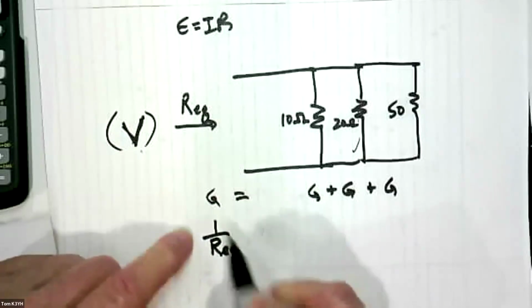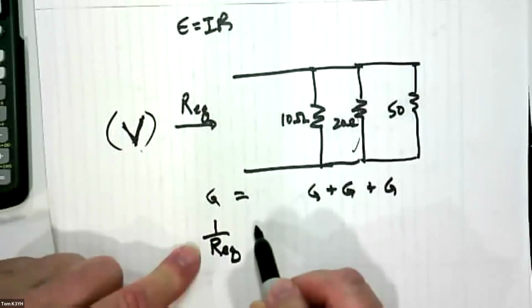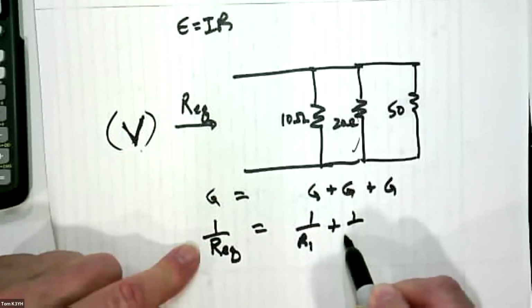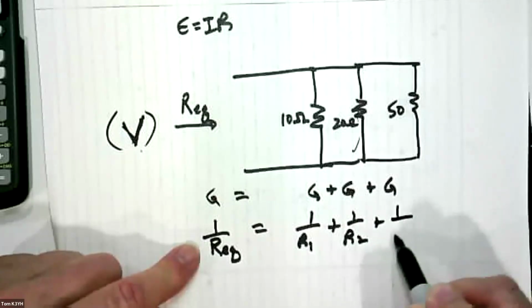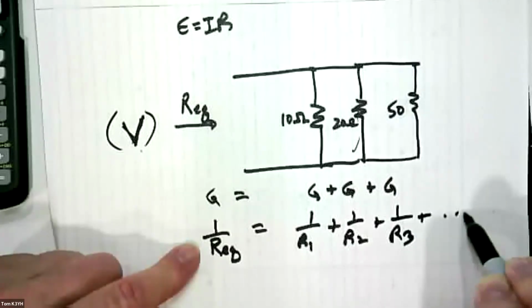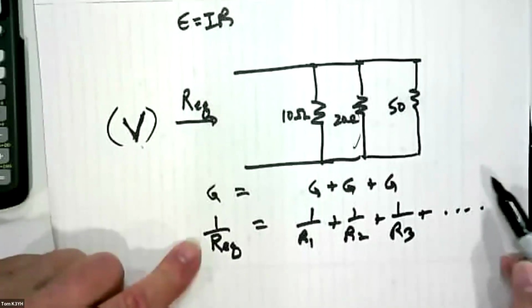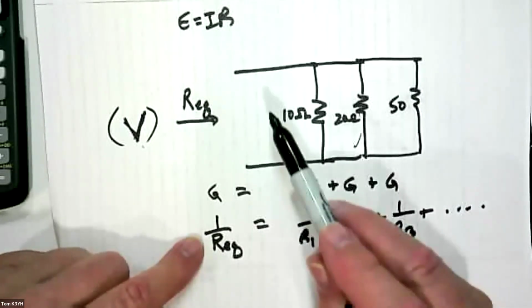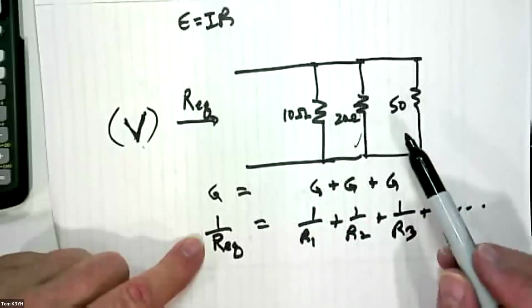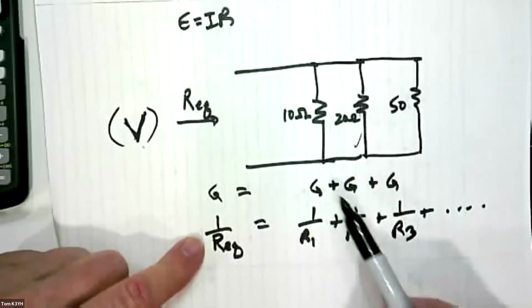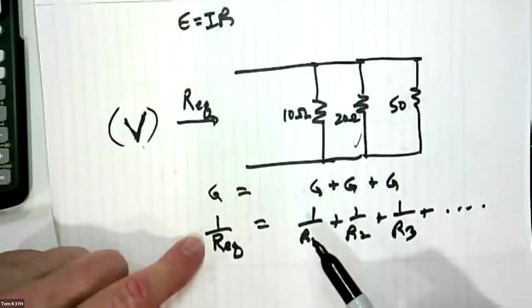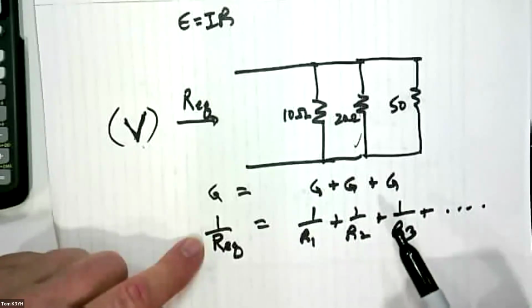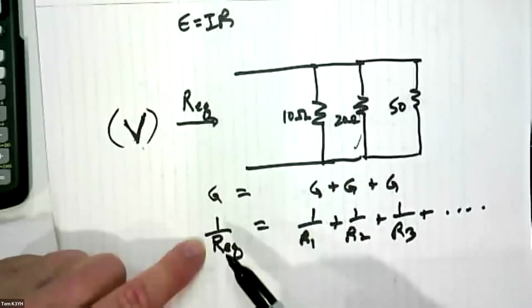So G is 1 over R, and this is 1 over R1 plus 1 over R2 plus 1 over R3 plus however many resistors you have. So by adding the conductances, with more current flowing through all these legs of the circuit, that's what you're actually calculating. The conductance is the inverse of resistance. So 1 over R plus 1 over R plus 1 over R equals the total 1 over R.